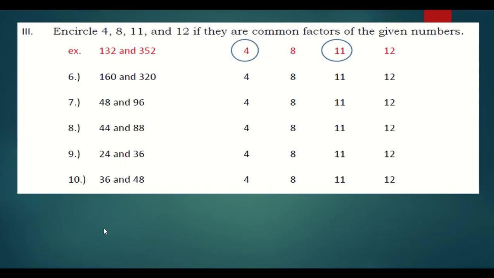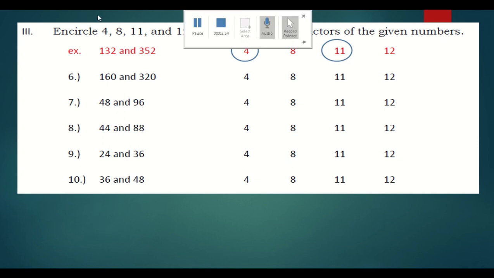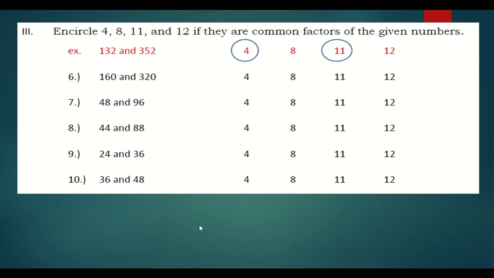Okay? With Roman numeral 3, encircle 4, 8, 11, and 12 if they are common factors of the given numbers. So you're going to use divisibility rules. Okay, so we have a given example. Another one, 124 and 372. Is 4 a common factor of these two numbers? Let's see.